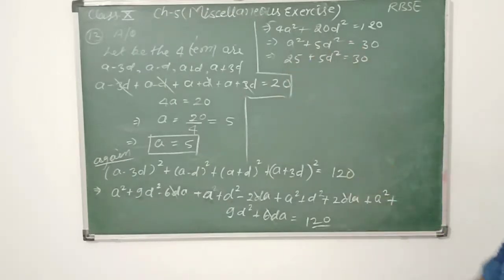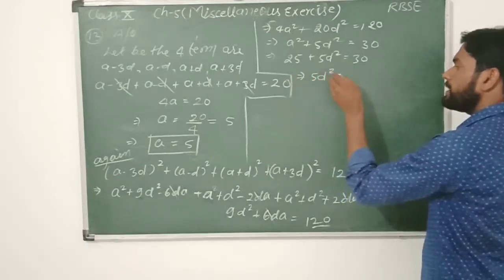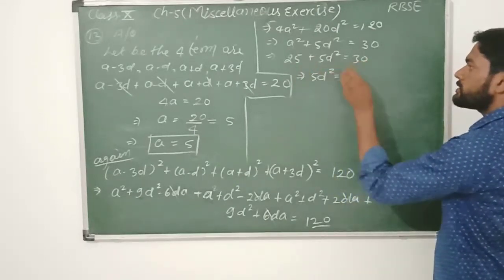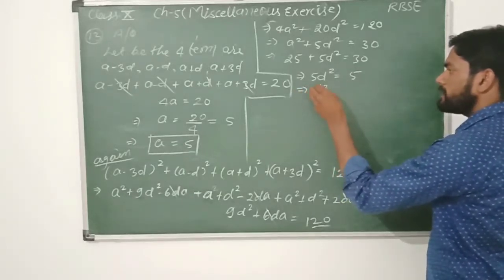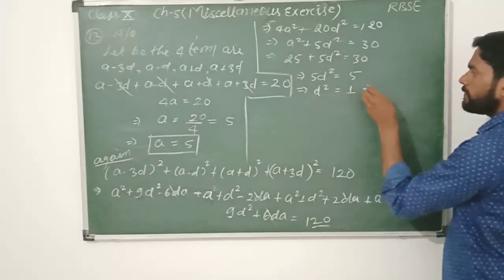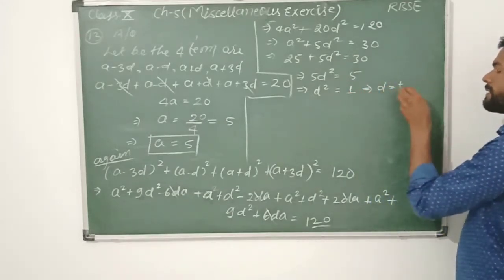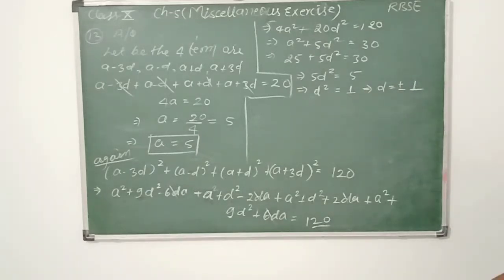It is positive here and then will become negative. So 5d square is equal to 30 minus 25, which is 5, and d square is equal to 5 upon 5, which is 1. Finally d is equal to plus minus under root 1, that is plus minus 1.